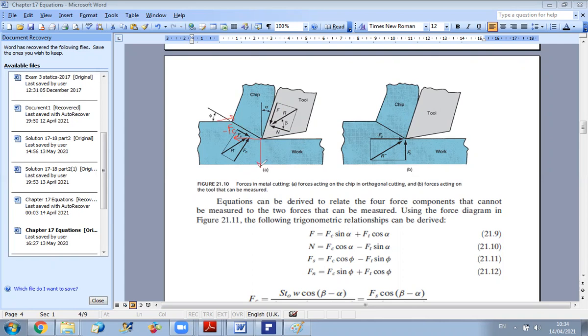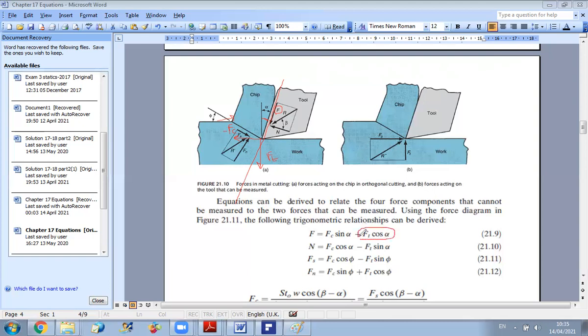Now, if I want to decompose these two forces on this direction, I will obtain the component of the force F. If you look at the figure, the angle between Ft, the thrust force, and F is alpha. So the projection of Ft on this direction will be Ft cosine alpha.